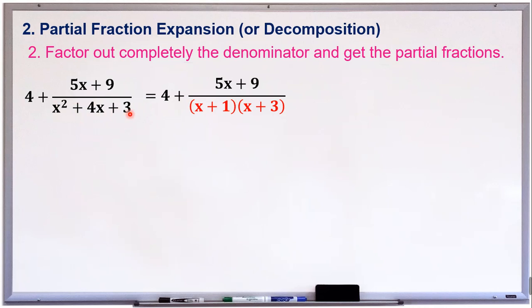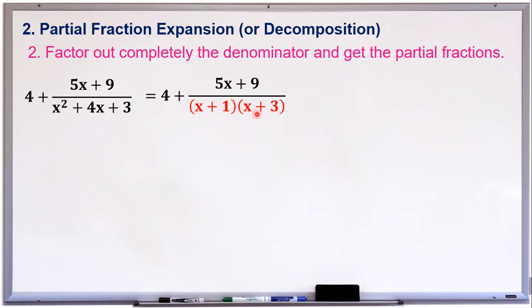I already discussed some steps in factoring, but I think you cannot apply special polynomials here. The easiest method to be used here is factoring by trial and error. So the factors of x squared plus 4x plus 3 are x plus 1 and x plus 3.